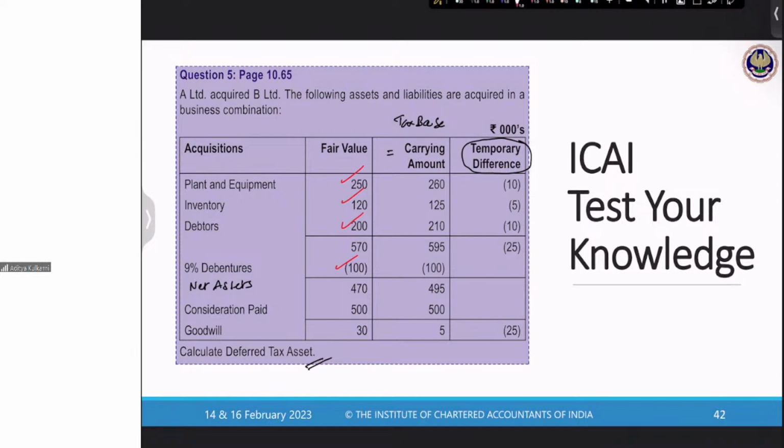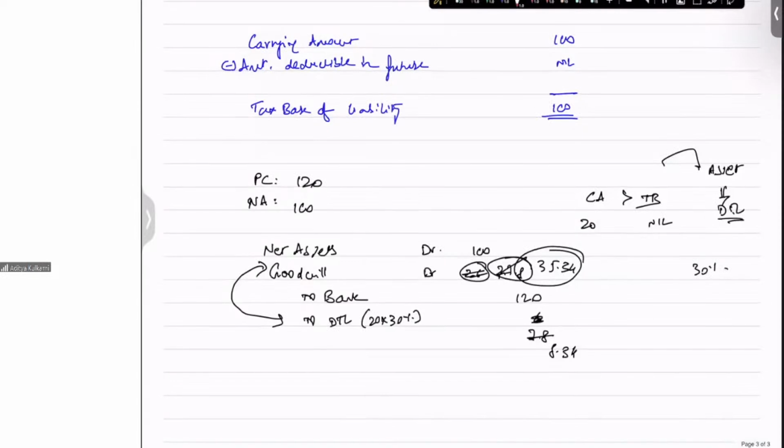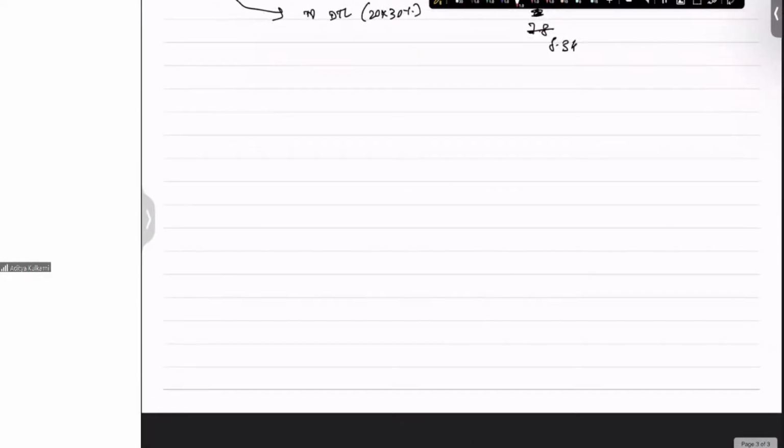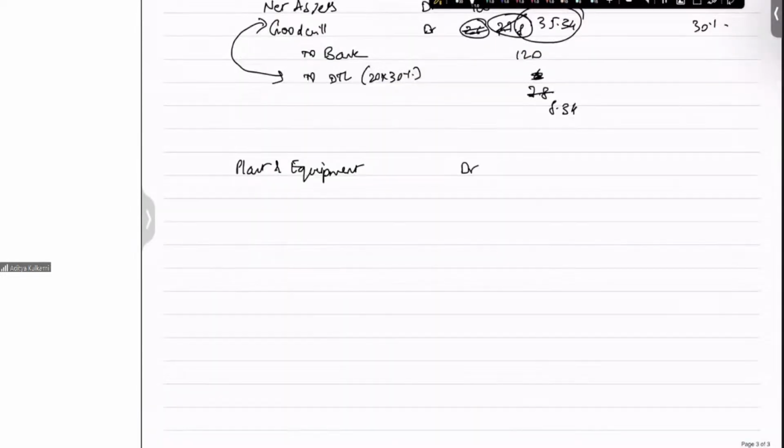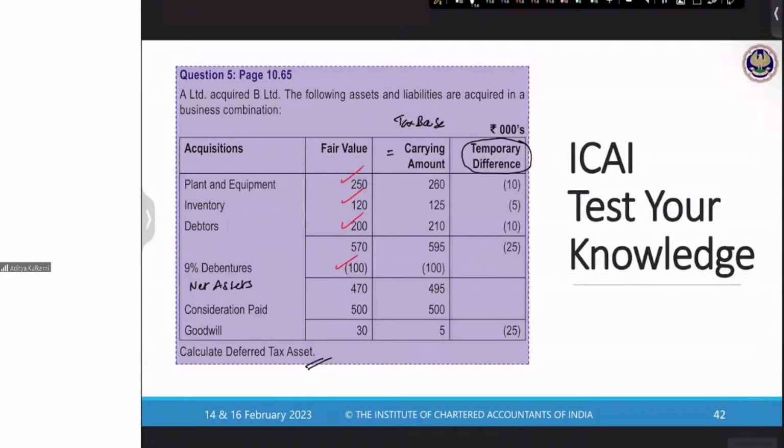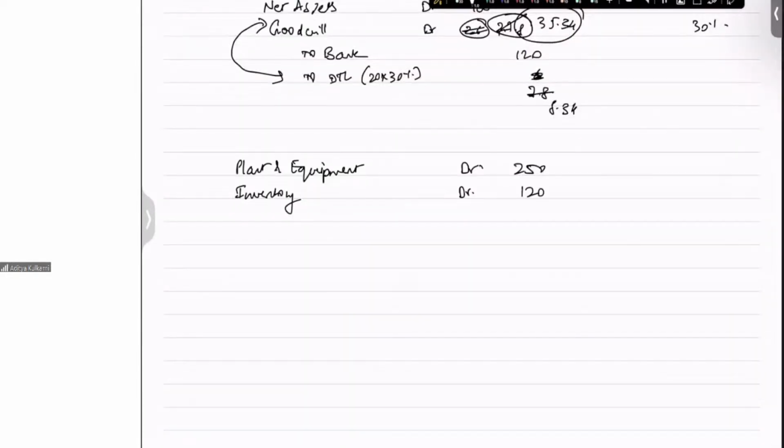So if I have to pass a journal entry for this, it will look something like this. Plant and equipment debit 250. Inventory debit 120. Debtors debit, you are taking these individual assets one by one.